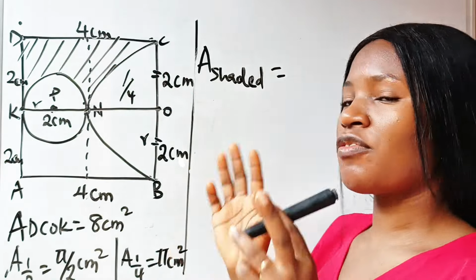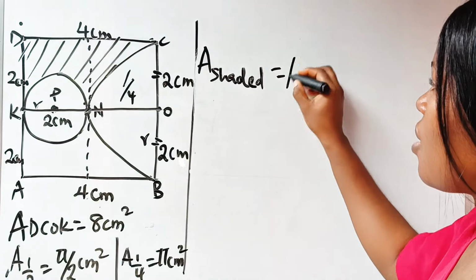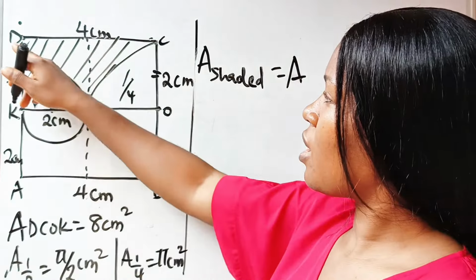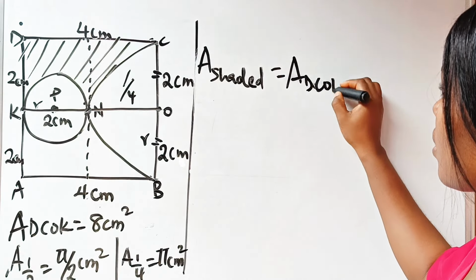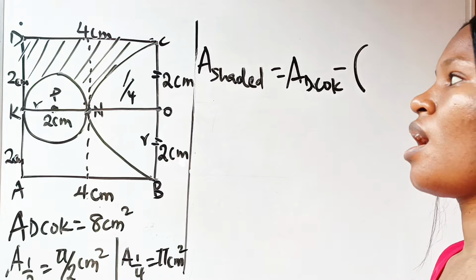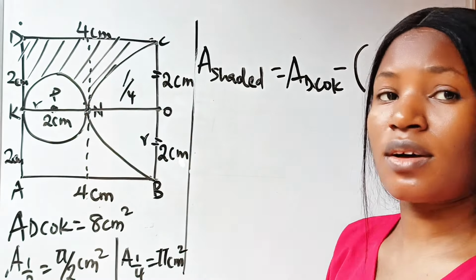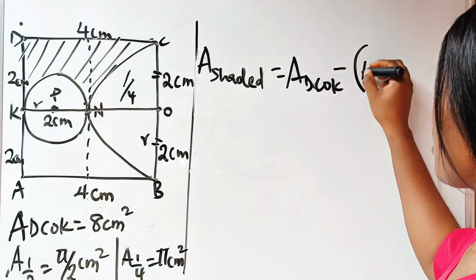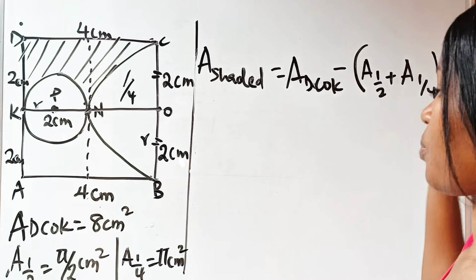Okay, so that full rectangle, to get the area of the shaded portion, will be area of rectangle DCOK minus the sum of the area of this half circle and the quarter circle. So area of half circle plus area of quarter circle.